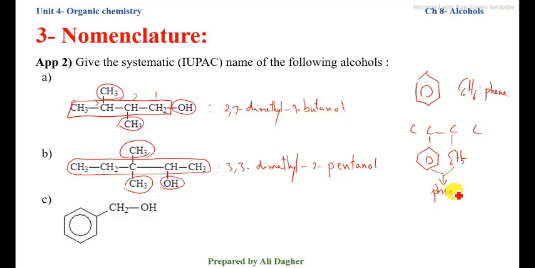As an alkyl group, it is called the phenyl group. Then this is phenyl, and the main alcohol formed of one carbon is methanol. Then its name is phenylmethanol.